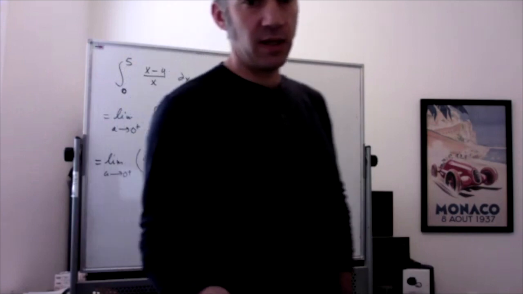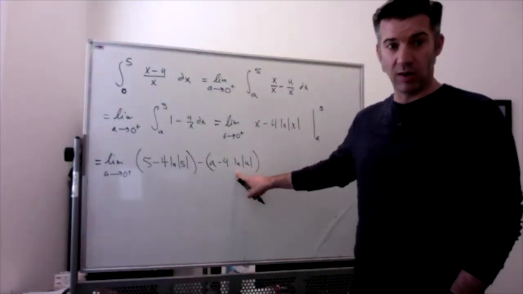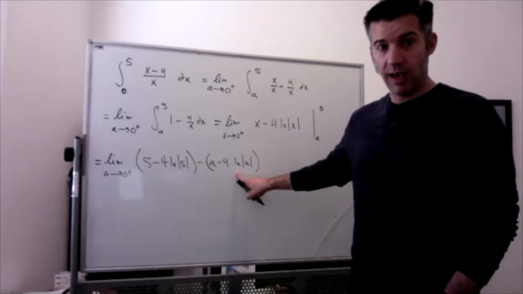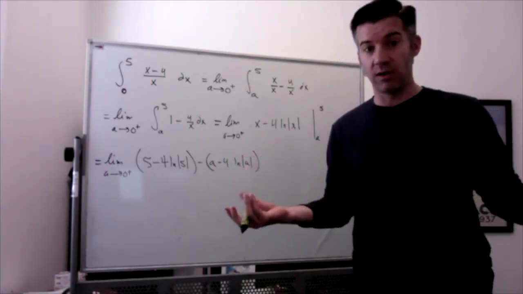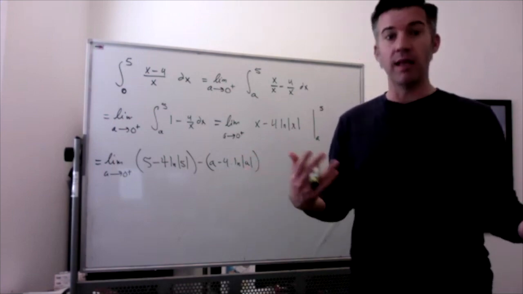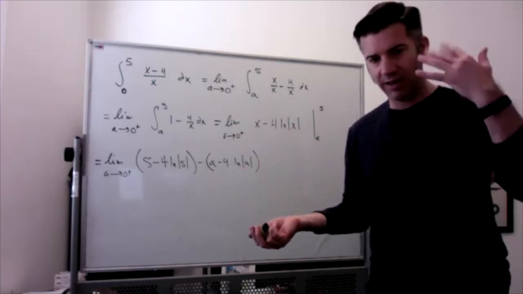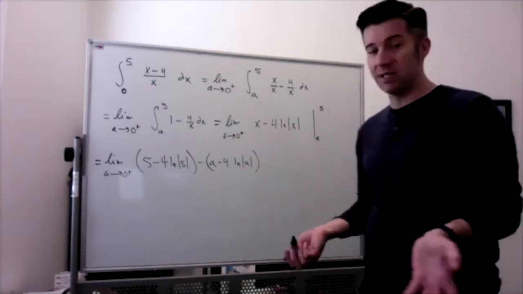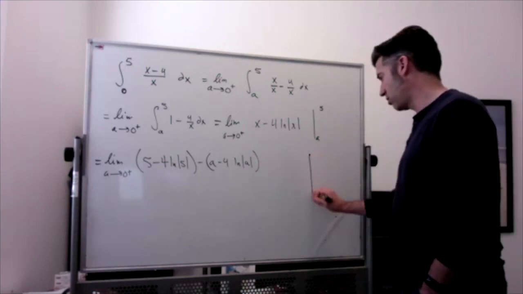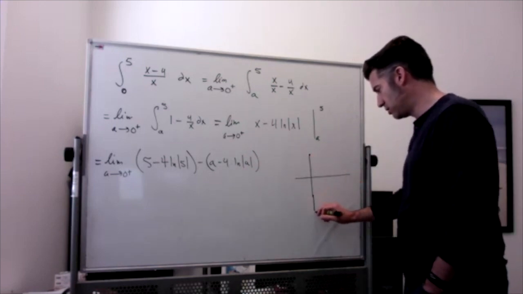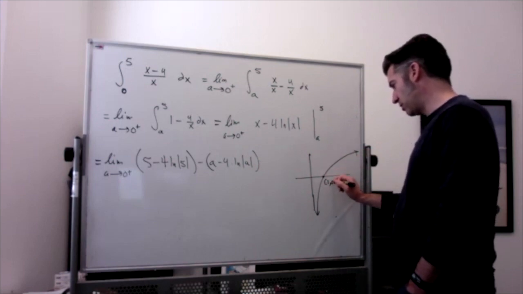So what we need to think about is what's happening to this natural log as a goes to 0 from the right. When you divide by 0, the fraction gets infinitely large, or maybe negatively infinitely large, depending on the sign. For the logarithm, it can be hard to remember. I find it easiest to remember the graph of the natural log of x, which has an intercept at (1, 0).